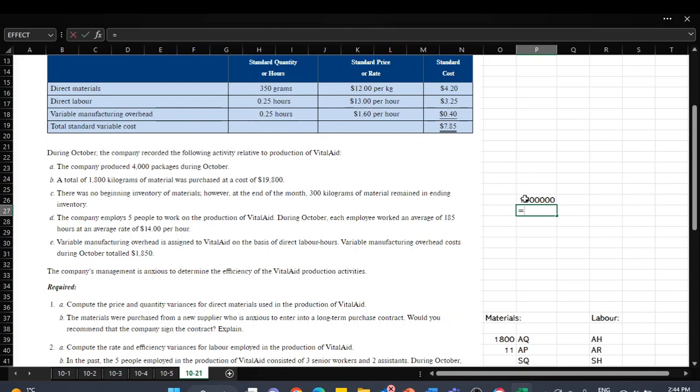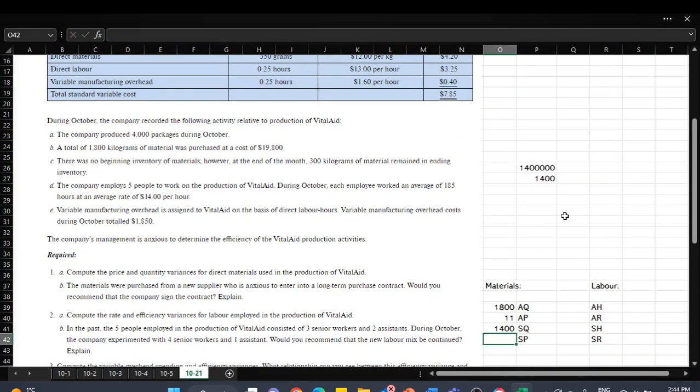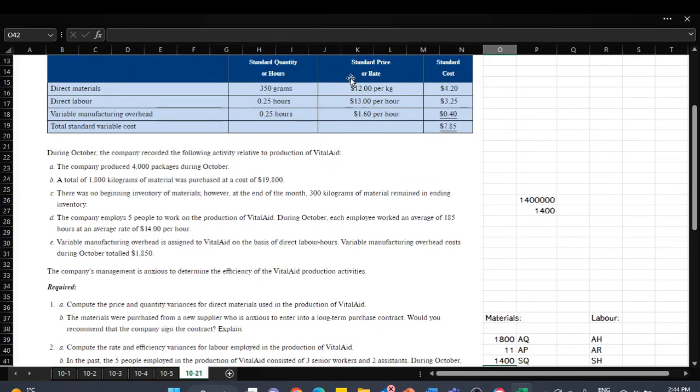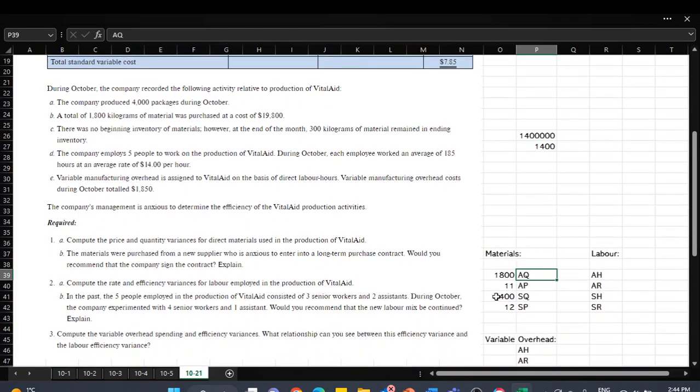So we're going to take this amount and divide by 1,000 because there's 1,000 grams in 1 kilogram. And that's going to give us our standard quantity of 1,400 kilograms. Next, we're going to look at standard price, and this was given to us. Those materials should cost $12 per kilogram. So we have everything we need for our materials variance.